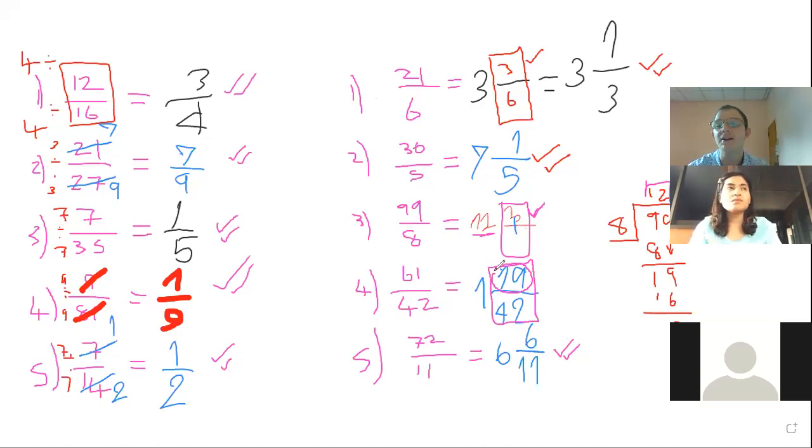It can only be divided by itself, which is 19, and by 1. There's no other number that can go in there. And 42 is not a product of 19. So this one here is 100% correct. Well done, everyone. It's looking good so far.